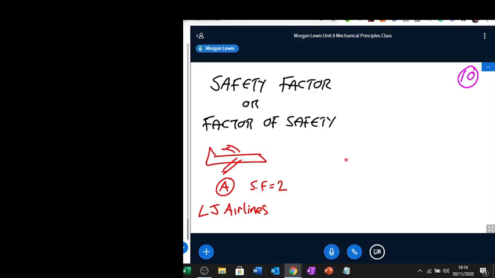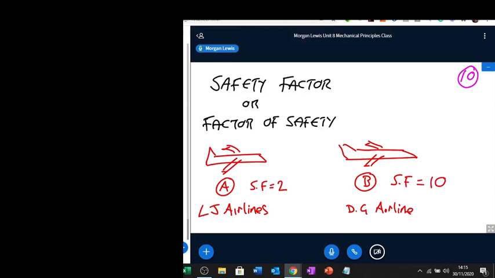Or you've got a plane over here, Plane B, and it's Daniel Greenshields airline, takes off from Gubbert. Daniel Greenshields Airlines plane's got a safety factor, right, of 10.